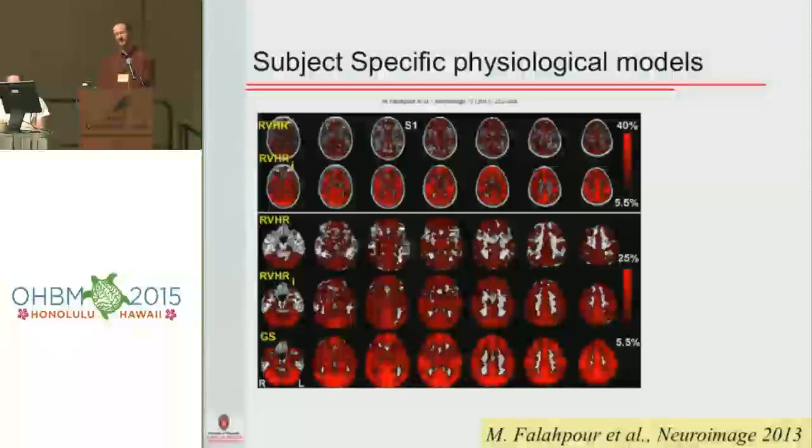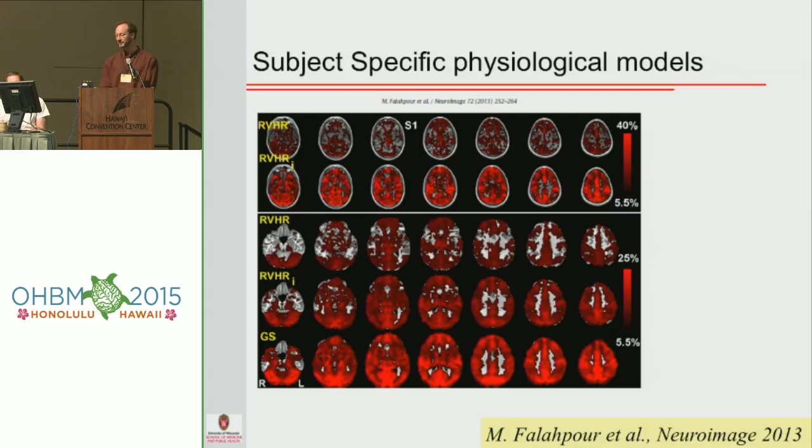Similarly, if we allow for variations in that response across different subjects, we can account for much more variance. This is a study from Mariam Falahpour, working with Jerzy Bodurka, showing that if you look at an individual RVHR-core, that again accounts for significantly more variance. So deriving the respiration and cardiac response function for an individual subject accounts for significantly more variance.